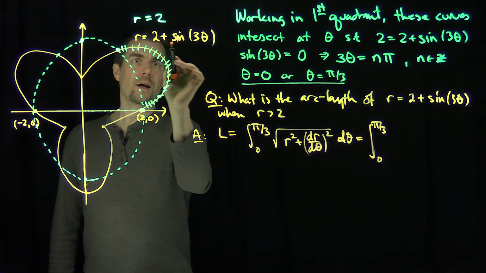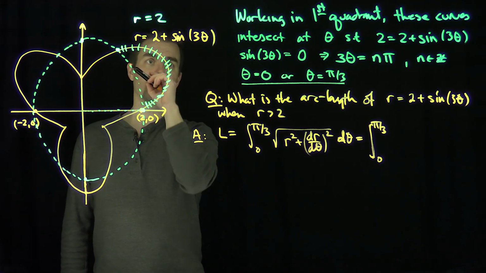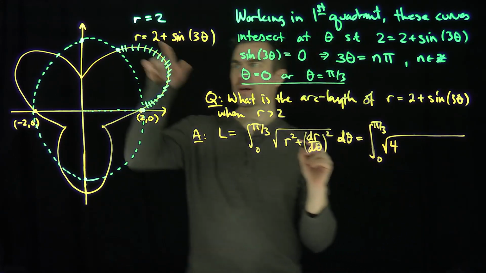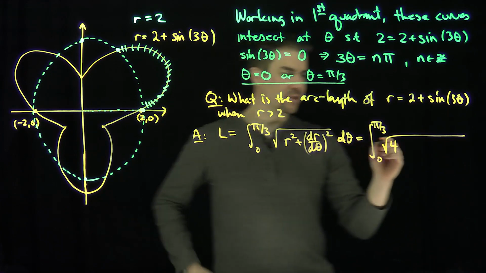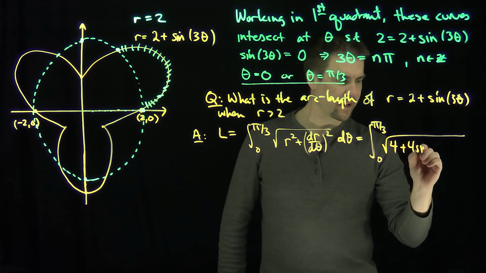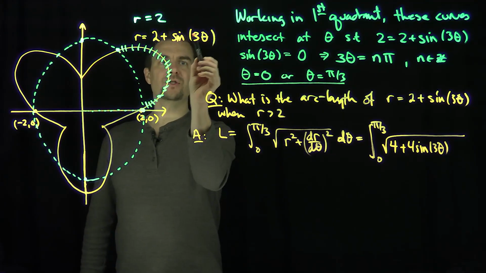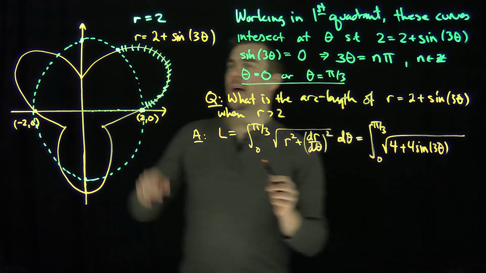I'll have a 4, then a 4 times sine of 3 theta, and then a sine squared of 3 theta.